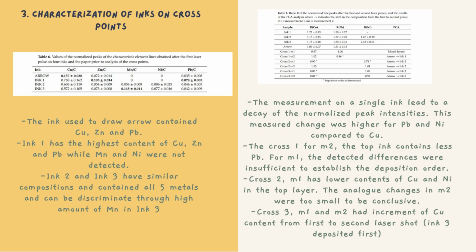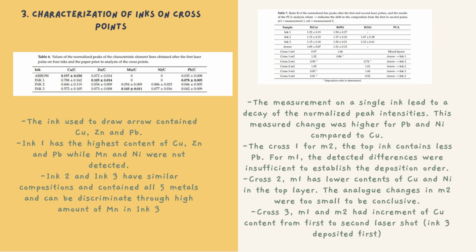The ink used to draw the arrow contained only copper, zinc, and a very low amount of lead, but its copper content was at least 3 times lower than in the other 3 inks.